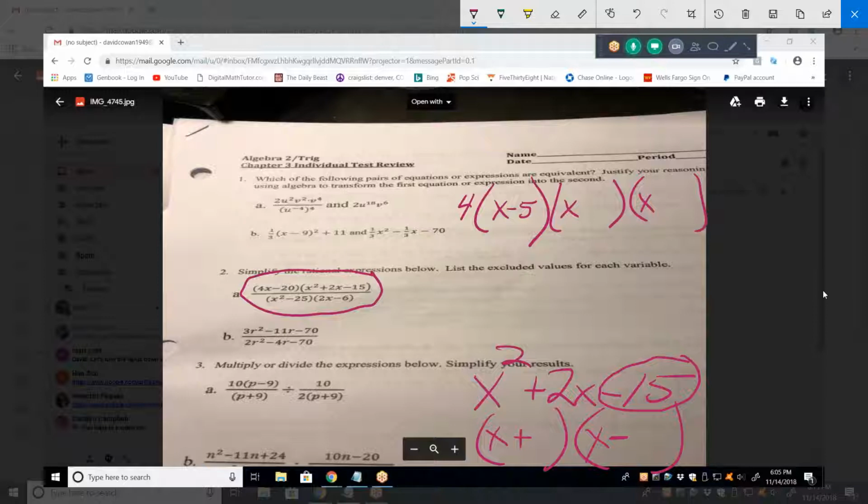I'm looking for factors of 15 that subtract, because of that negative sign, to the number 2. What are factors of 15 that subtract to 2? 5 and 3. Perfect.